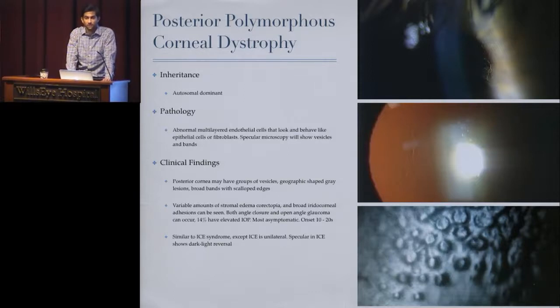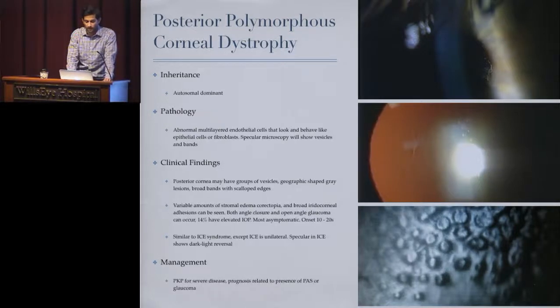These patients get angle closure and open angle glaucoma. About 15% of them come in with a high pressure. And the onset is pretty early in life, teens to 20s. Very similar to ICE syndrome, except ICE is unilateral, PPMD is bilateral, and then the treatment is PKP in severe cases.